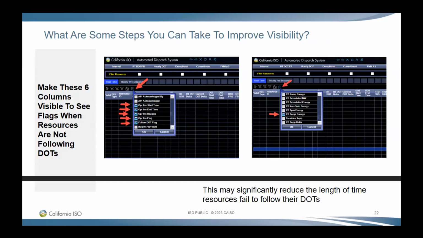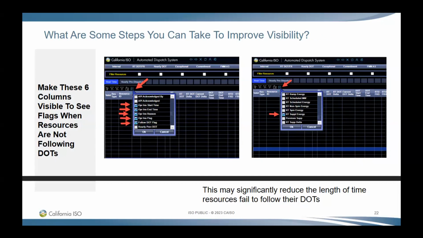So what are a couple of the steps that you can take to mitigate this exposure to your resources not following their instructions? One of the things that you can do in ADS is increase your visibility to show the different flags that are available on the different resources.